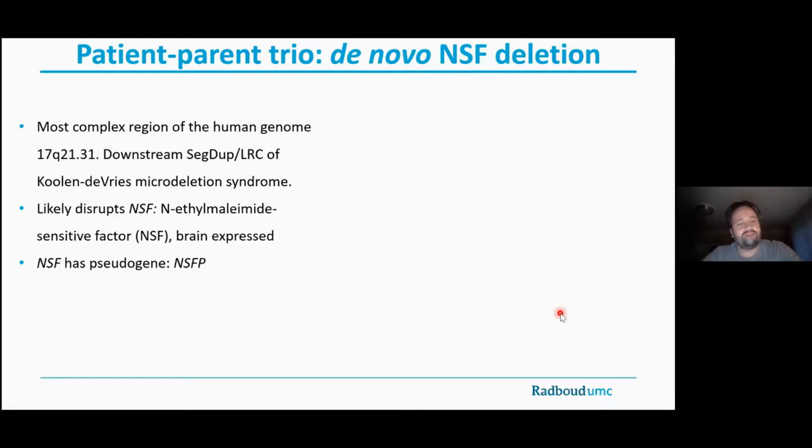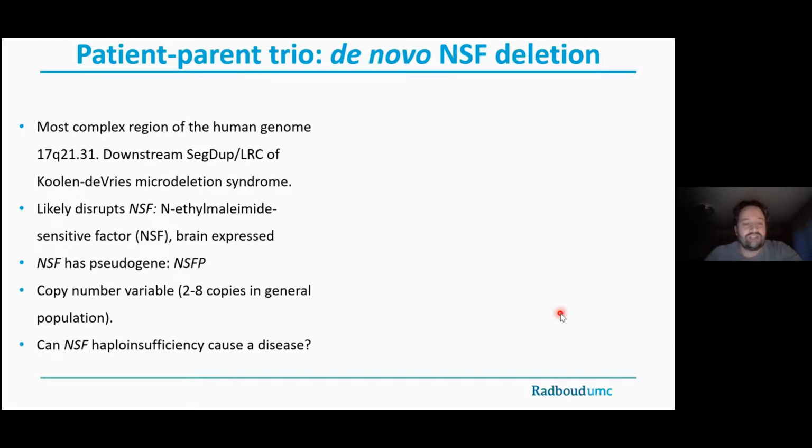However, interpretation of that is not trivial because NSF just upstream has a pseudogene, NSFP1. What is known about these two genes is that they are extremely copy number variable in the general population. So there have been studies that propose that there are between 2 and 8 copies of NSF, or likely the combination of NSF and NSFP1.